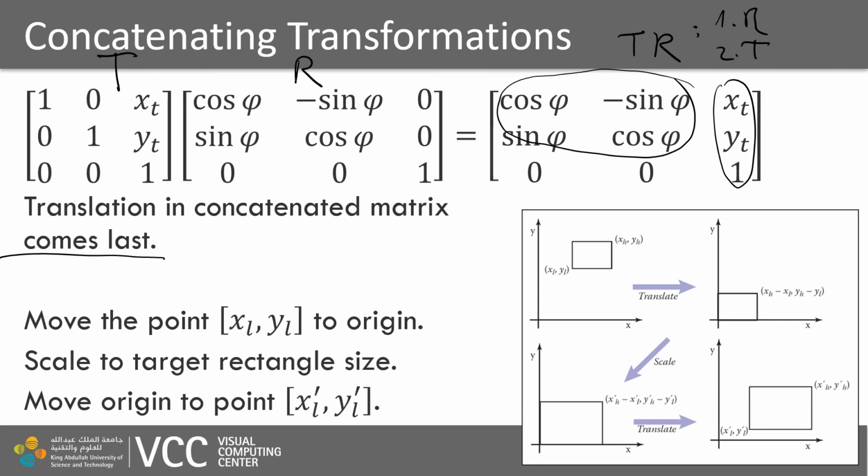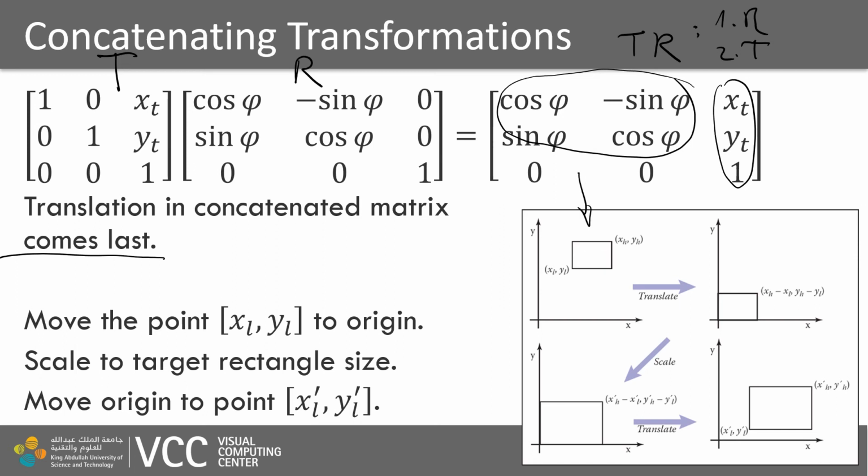So if we apply a scaling to the point XL, YL, this point, based on the scale factor, will be moving closer to or farther away from the coordinate origin.